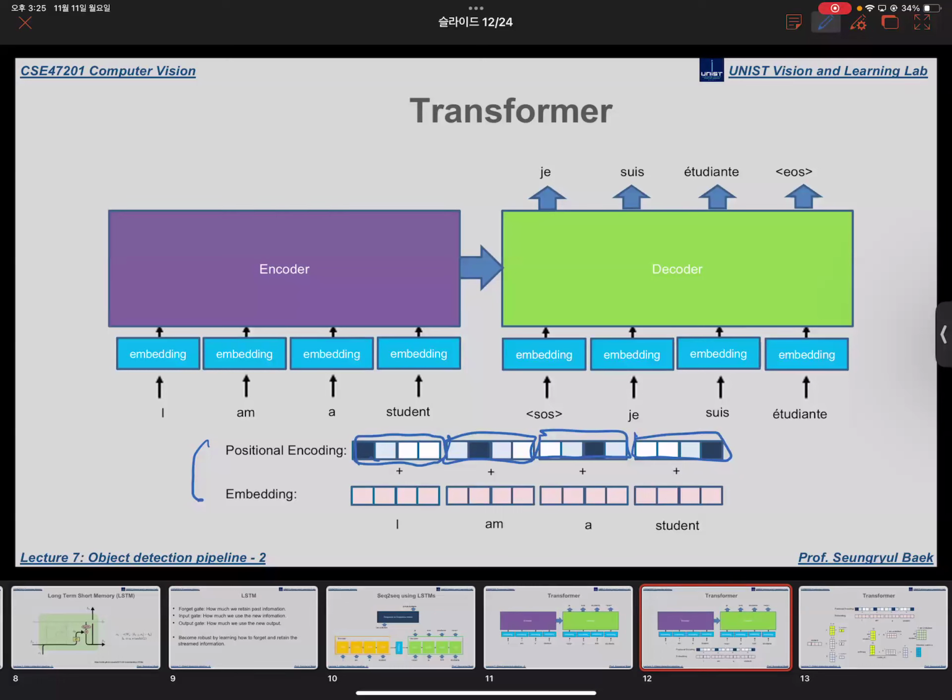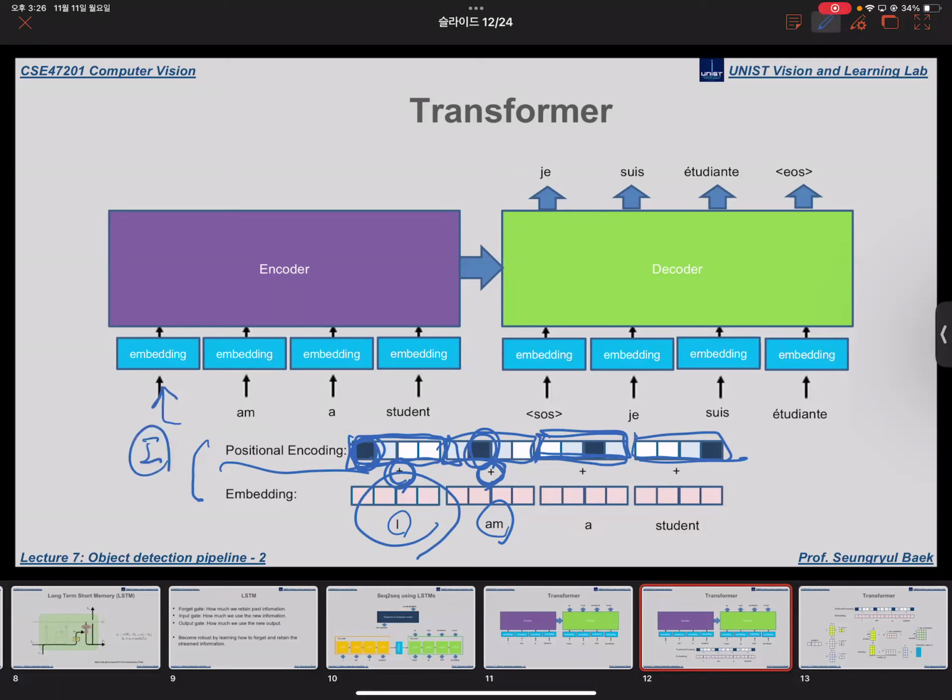It means that I is in the earlier part of the sentence, and M is in the mid position in the sentence, and also A is in the middle right position of the sentence. Somehow they have to make this kind of vector indicating the word location. And then what they do is they sum this positional embedding to the actual features.